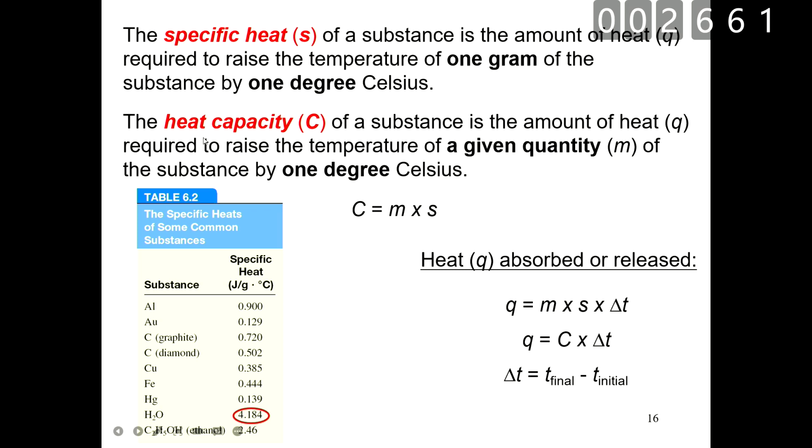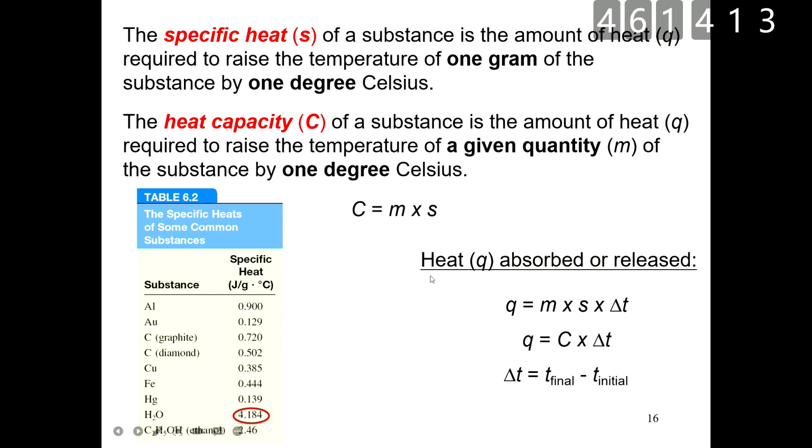So the heat capacity, we can say C equals m, the mass of the substance, times s, the specific heat. So this is the heat capacity.